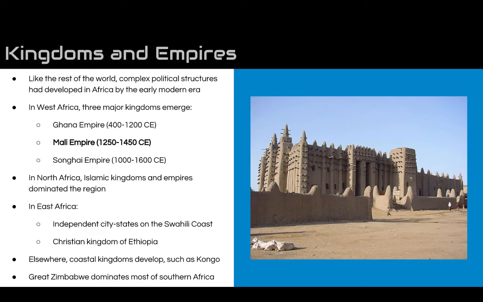The Mali Empire is of particular note because of its wealth and its conversion to Islam. So the leader of the Mali Empire at one point converts to Islam. Another leader, a guy named Mansa Musa, who was that actually first picture you saw today, goes on a pilgrimage to Mecca and brings massive amounts of gold with them, something like 70 camels just loaded down with gold.